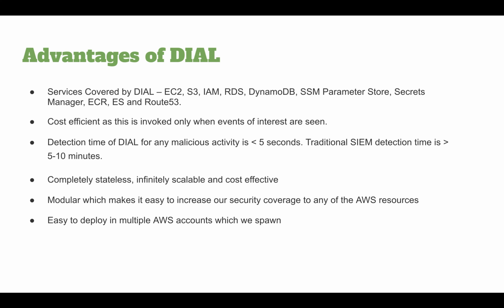The reason this happens is that AWS takes a bit of time to actually write the CloudTrail logs into the S3 bucket, and the delay we have observed is about 4 to 5 minutes.